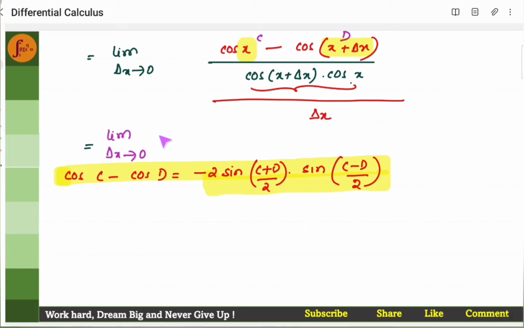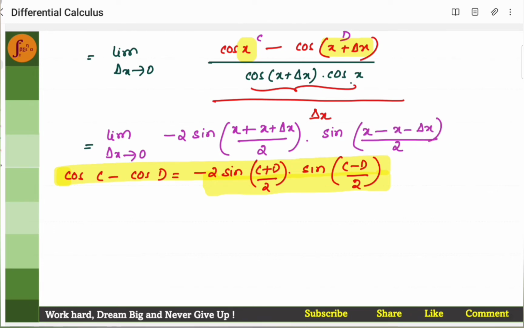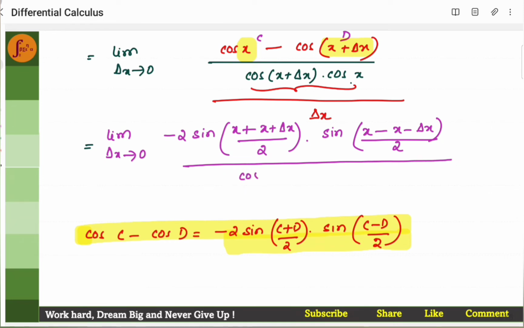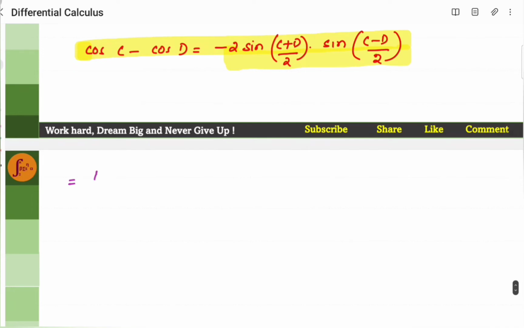We'll get minus 2 sine of c plus d by 2. c is x, d is x plus delta x, by 2, into sine of c minus d by 2, that is x minus x plus delta x by 2, by, let's copy the rest, cos of x plus delta x into cos x by delta x.